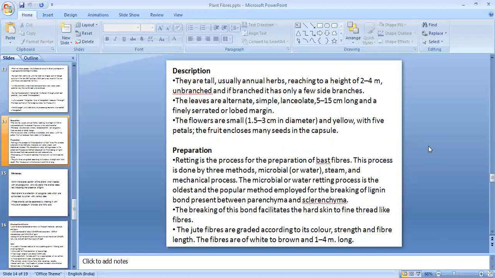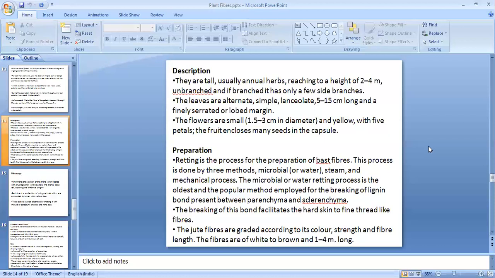The leaves of this jute plant are alternate in arrangement, simple, lanceolate, 5 to 15 centimeters long, and they have serrate or lobed margins. The flowers are very small, about 1.5 to 3 centimeters in diameter, and yellow in color. They have 5 petals, and the fruits enclose many seeds in the capsule.